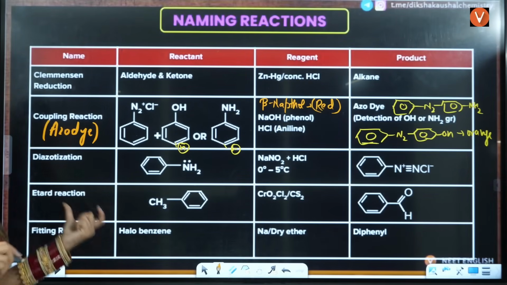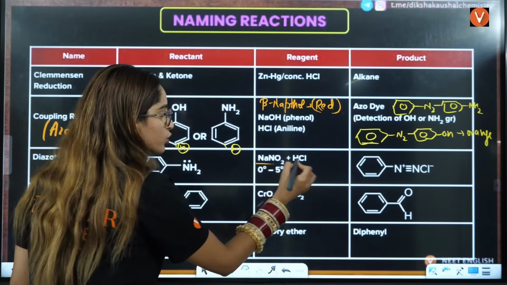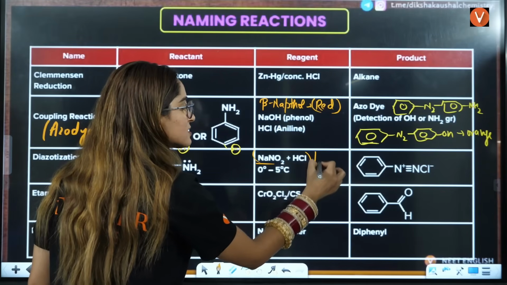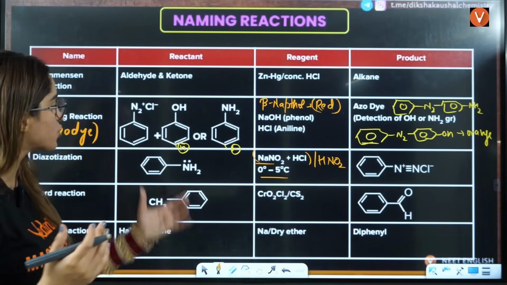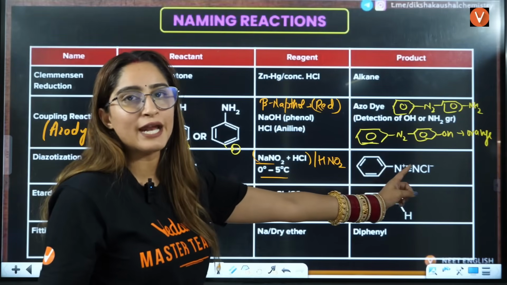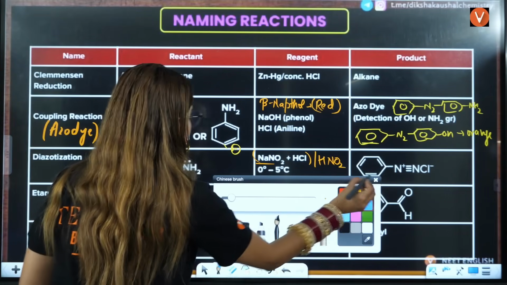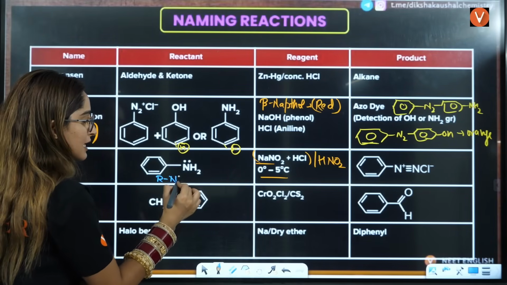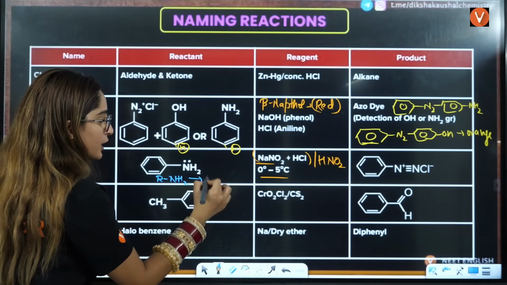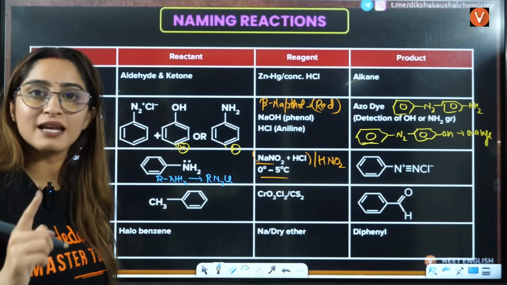Now, next is diazotization. When you have aniline, to this you add NaNO2 and HCl, or directly you can say you add HNO2. Between 0 to 5 degrees Celsius, you have the formation of benzene diazonium chloride, C6H5N2Cl. But the interesting part is, let's say you have RNH2, then you have the formation of RN2Cl, but the condition is this R is alkyl.